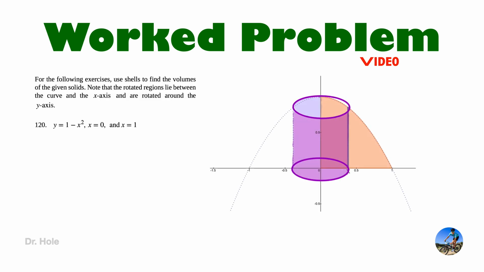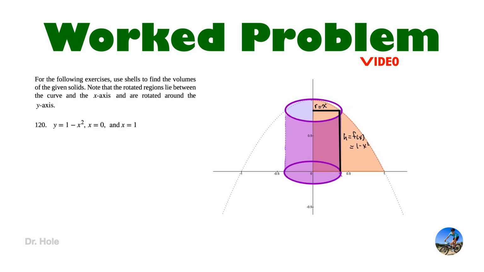That line segment we rotate about the y-axis to produce a cylinder. This cylinder has a radius of x and a height of f of x. And recall that f of x for us is 1 minus x squared, the parabola.